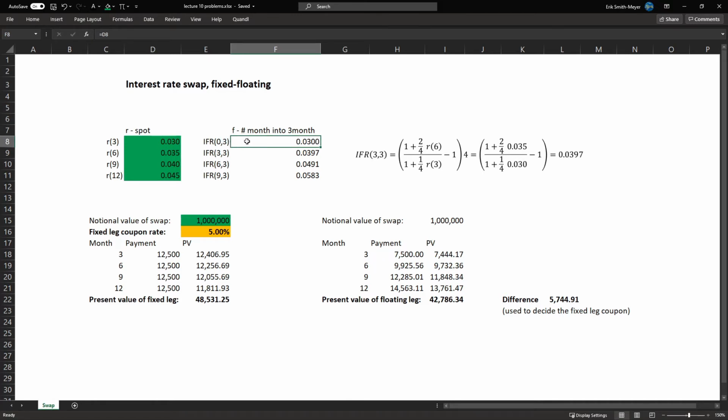That first implied forward rate is just the spot rate. However, the next one, the implied forward rate starting 3 months from now, and which is valid for 3 months, has a different value than the spot rate.